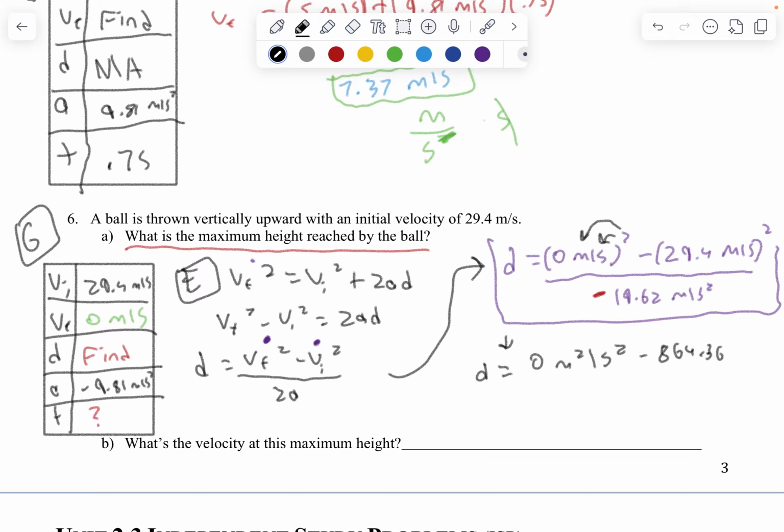And then the units, remember the square goes on the seconds, the meters, and the number. And so that would be meters squared per second squared. Remember that is over 19.62 meters per second squared.